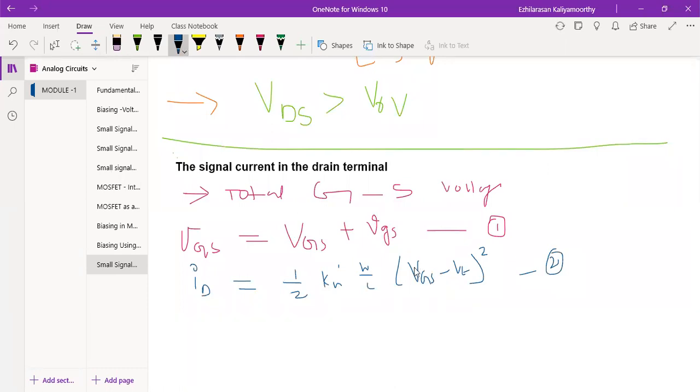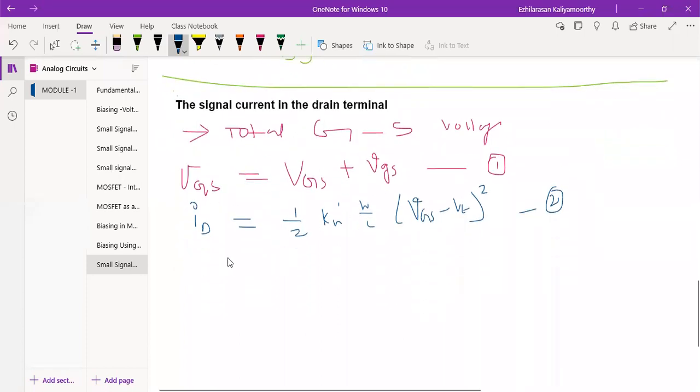So what you will do here, I will take this as the total VGS actually. Now what we will do, substitute equation number 1 into this, because we replace this, right? See this one. Replace this.